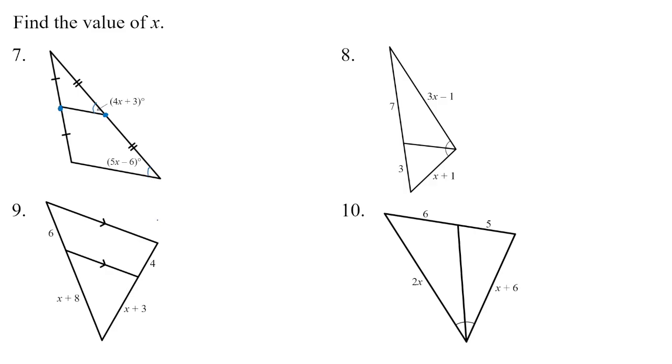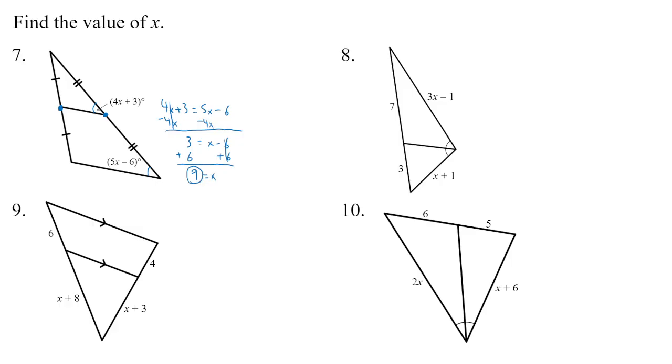Those are corresponding angles, and corresponding angles are congruent. So we have 4x plus 3 equals 5x minus 6. Subtract 4x from both sides, and you will have 3 equals x minus 6. Add 6 to both sides, and you'll have 9 equals x. So the solution is 9.